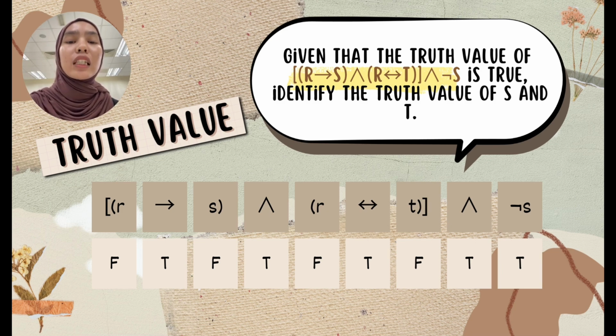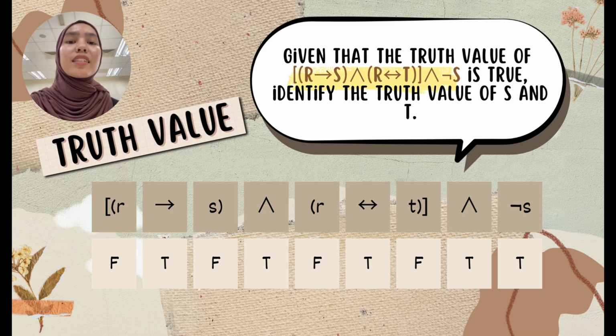So we put true under the square bracket and true under not S. For the true of the square bracket just now, we put it under the conjunction inside the square bracket. So we know true will become true for conjunction. So we put true below the symbols conditional and biconditional, which are implies and if and only if.